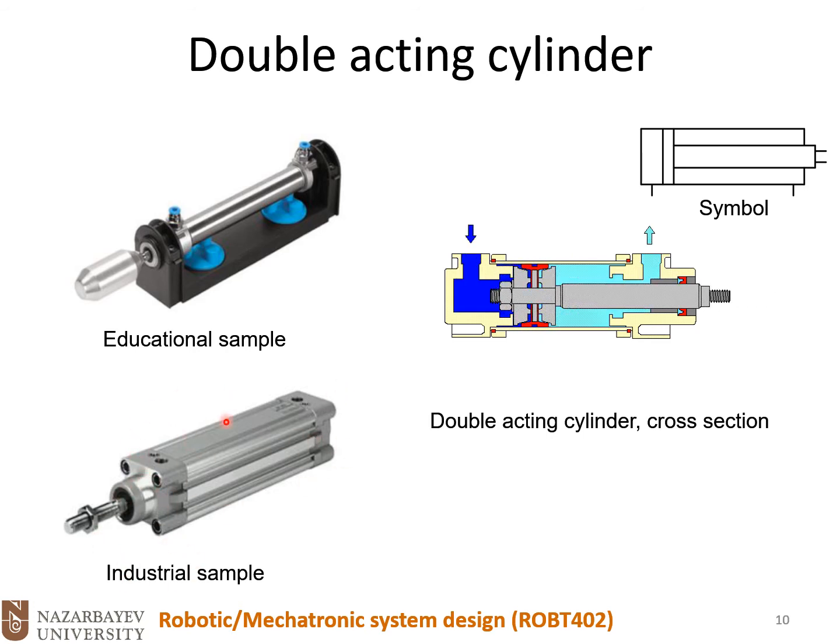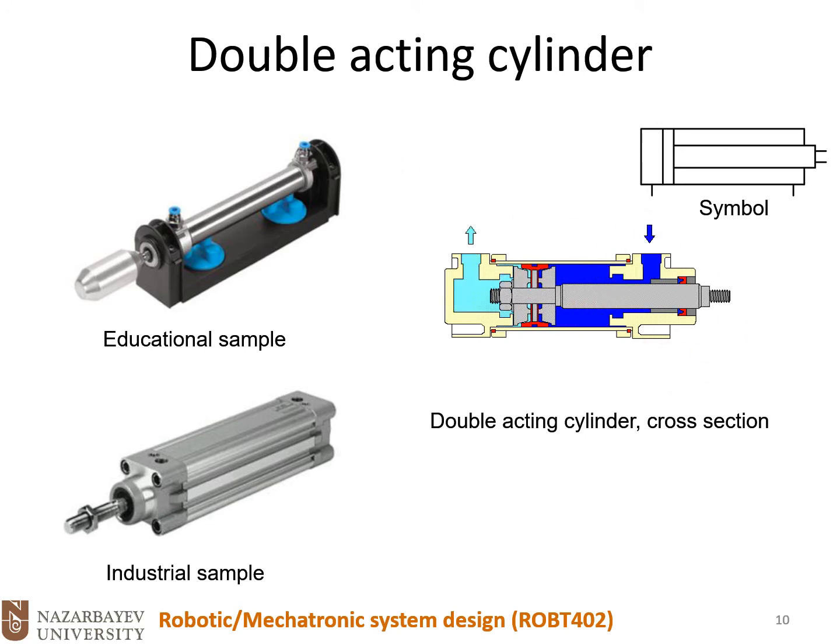It's hard to see the ports in this picture, but if you look at the part closely, you could easily identify them. And here we have a symbol. Clearly you can see two ports on the cylinder, but we don't have any spring inside.